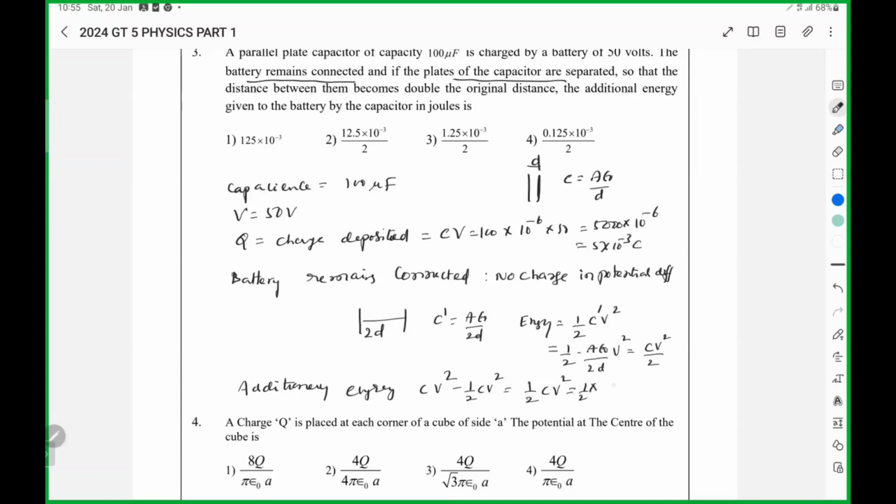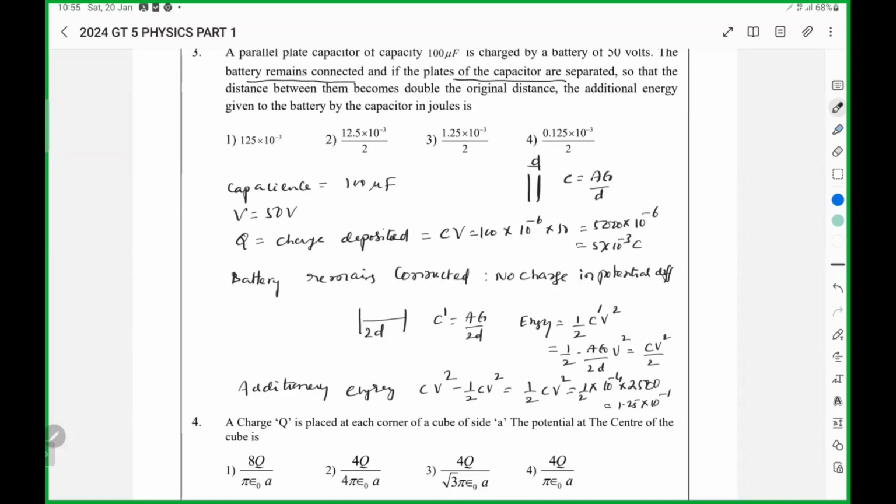C here is 100 into 10 power minus 6, into 50 square, which is 1.25 into 10 cube into 10 power minus 4.